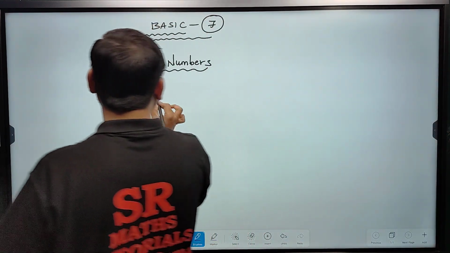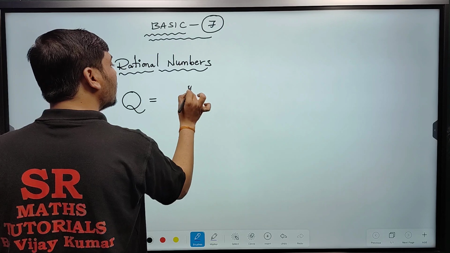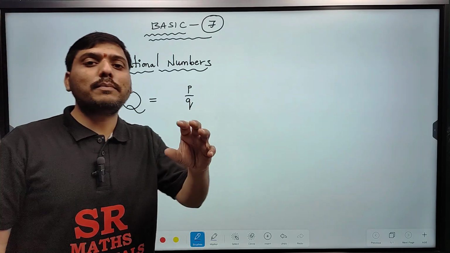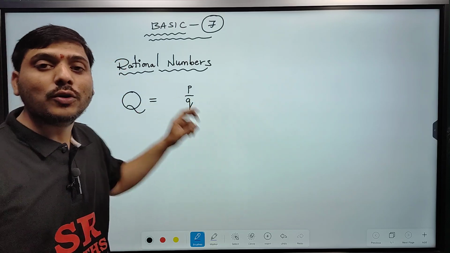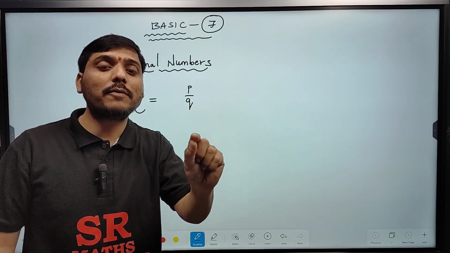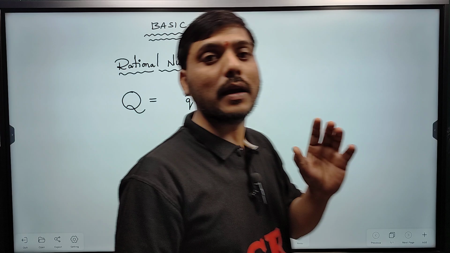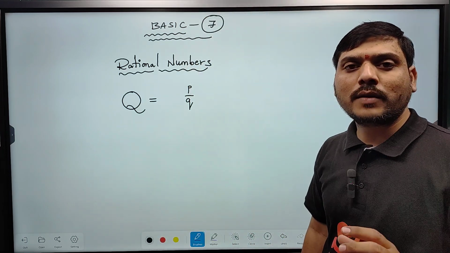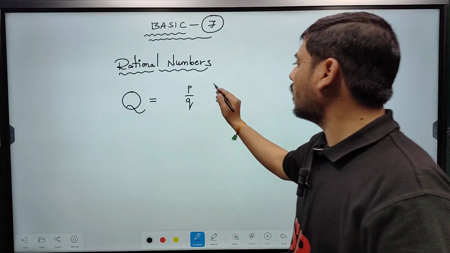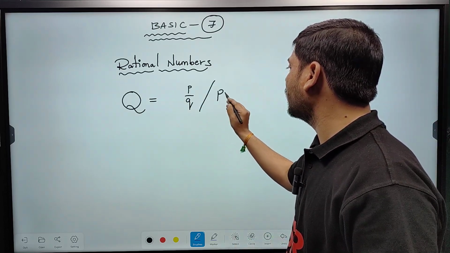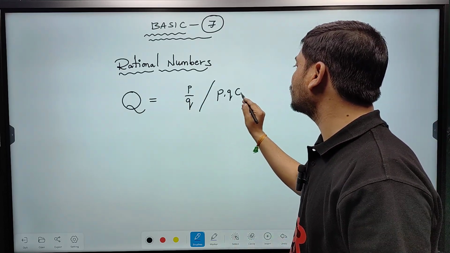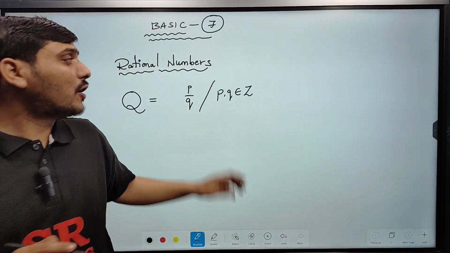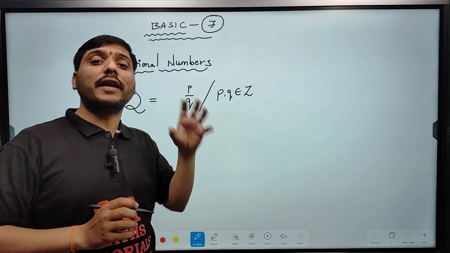Listen here. The rational number concept is the P by Q form, students. Those numbers which are in the form of P by Q are rational numbers. What are the values of P and Q? Here, very important, P comma Q belong to the integers.